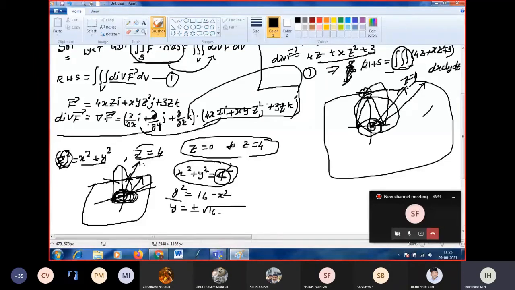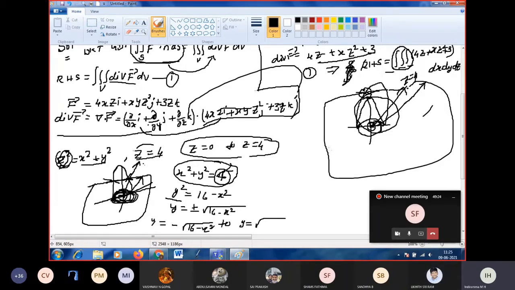From this I can easily find the y variation first. To find it, solve for y. Y square equal to 16 minus x square, so y is equal to plus or minus square root of 16 minus x square. That means y varies from where to where? Y varies from minus root of 16 minus x square to plus root of 16 minus x square.